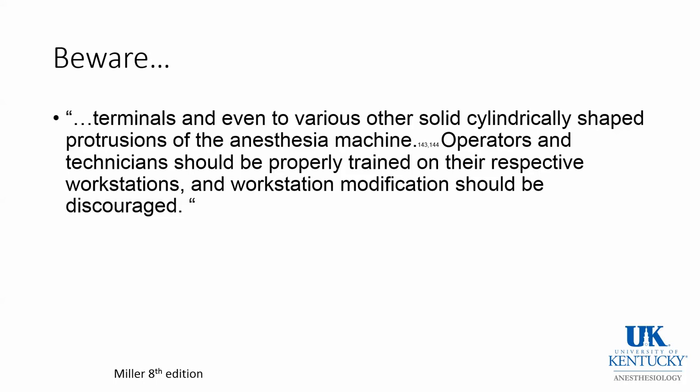Anecdotally, we have seen several underventilation situations in pediatric patients, sometimes with older anesthesia machines which do not have compliance compensation, sometimes after modification of the circuit. Nonetheless, it is important that the operator uses the workstation, and the technicians who prepare the machine for use be knowledgeable about its proper setup.